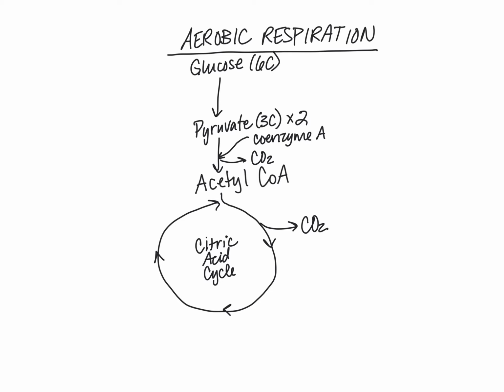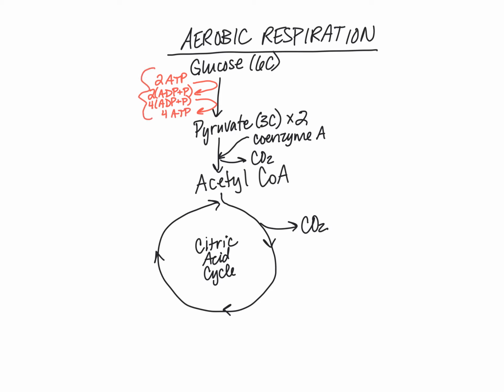Now remember that during these processes, we're also making some ATP. So during glycolysis, we actually have to put 2 ATP into the chemical reaction to get it started. And those 2 ATP get broken down into 2 ADP plus P. But we also make 4 ATP. So we have 4 of the ADP plus phosphate going in, and we end up with 4 ATP coming out.